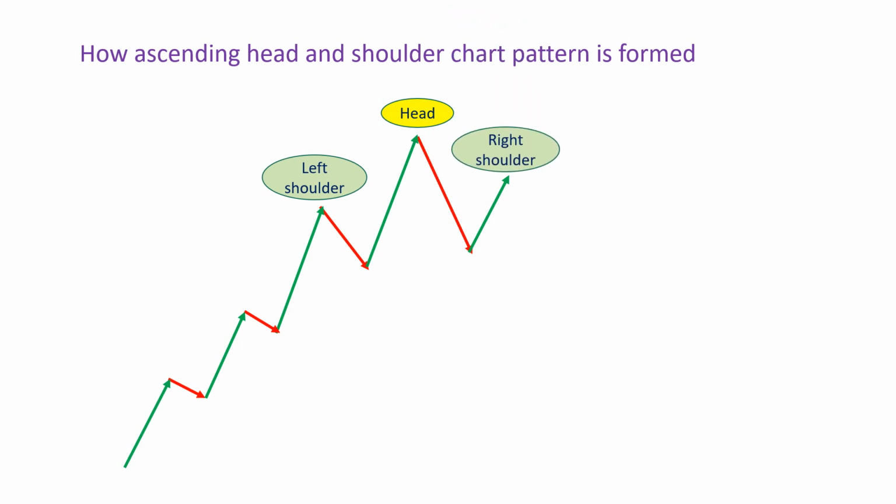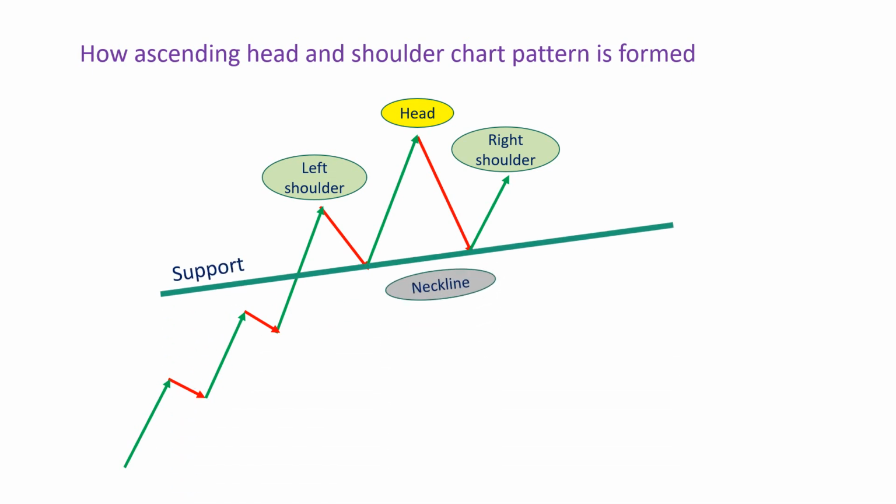Now, it is easy to draw the neckline by connecting the two troughs, or the two higher lows, to make the neckline right here. Next, the price drops lower, breaks down the neckline, and continues going lower.